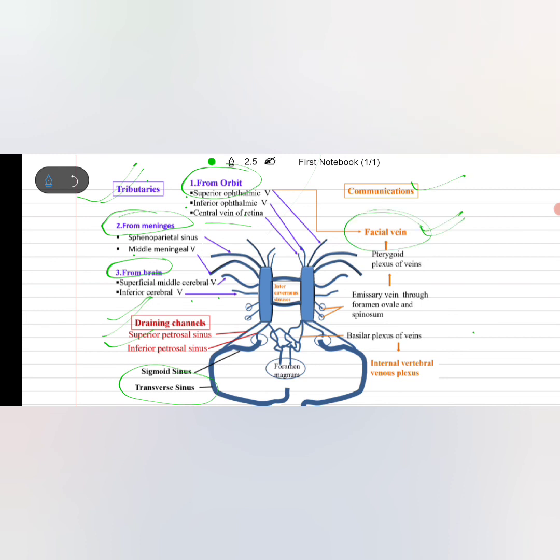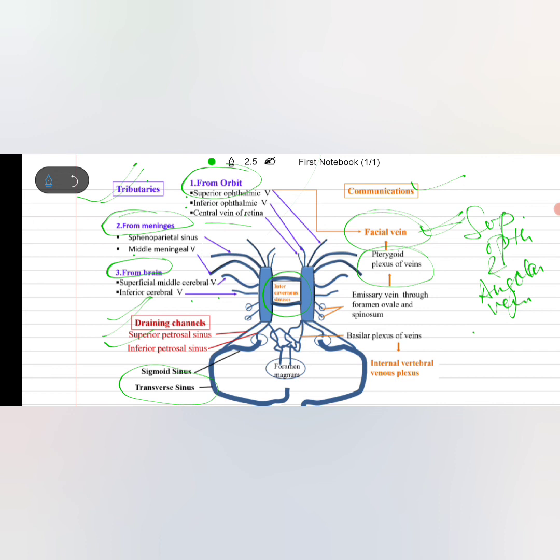With the facial vein, it communicates by two routes: superior ophthalmic vein and the angular vein. And the second route is the pterygoid venous plexus and the deep facial vein. And with the opposite cavernous sinus via intercavernous sinuses, that is the anterior and posterior intercavernous sinus.